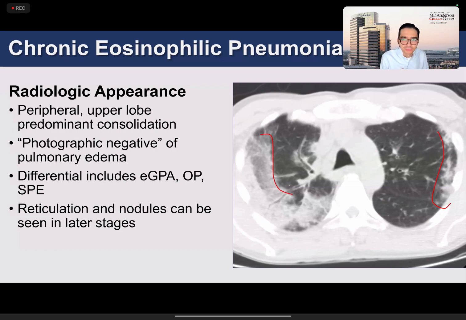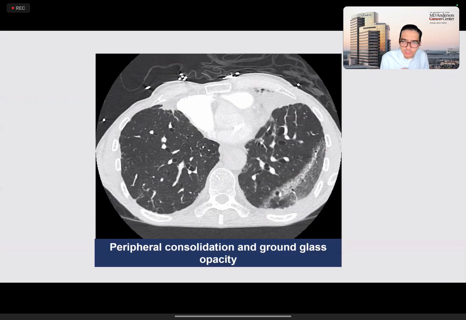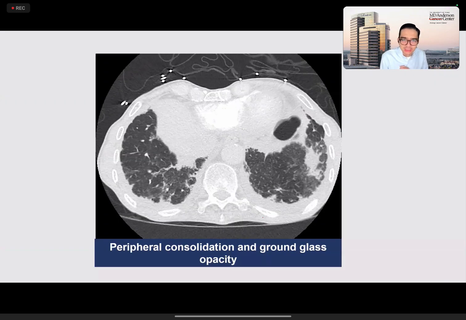Okay? Again, this is a classic appearance: peripheral, upper lung predominant consolidation, aka the photographic negative of pulmonary edema. And here's one that was more of a ground glass in appearance.